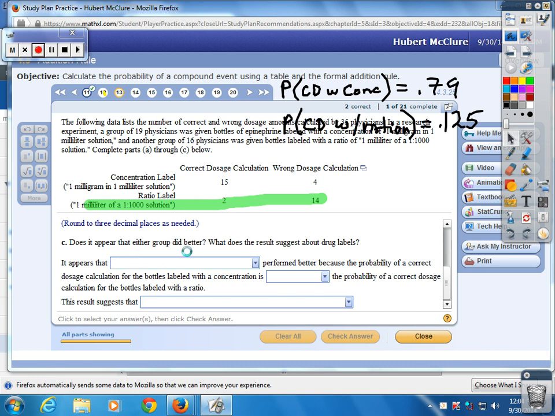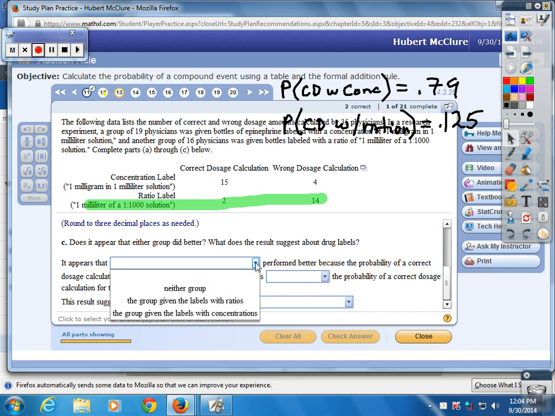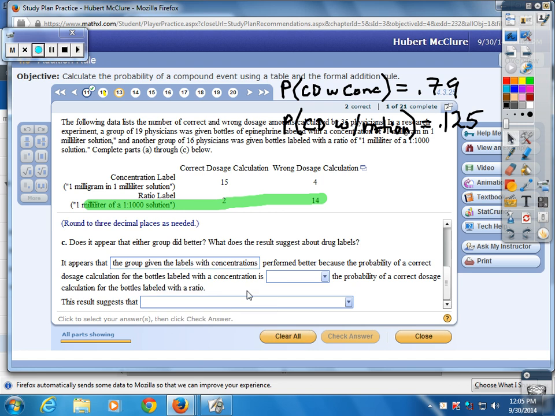Does it appear that either group did better? What does the result suggest about drug labels? It appears that the group given labels with concentrations performed better. Concentrations had a much greater probability of the correct dosage than the ratios.